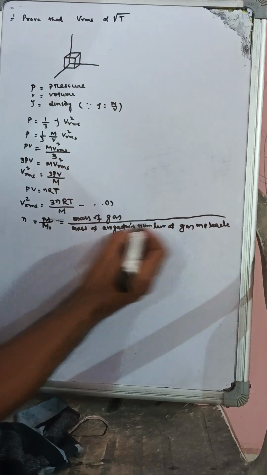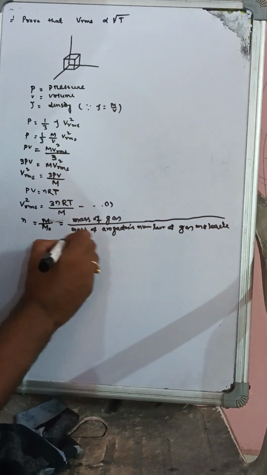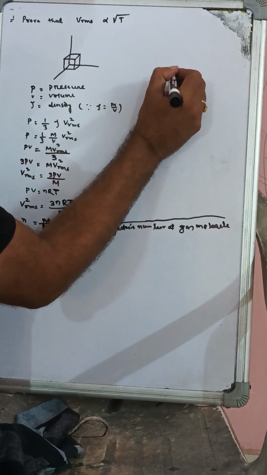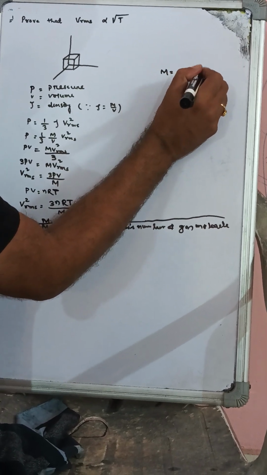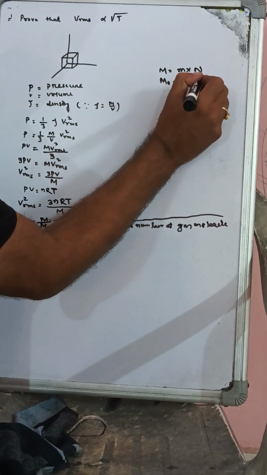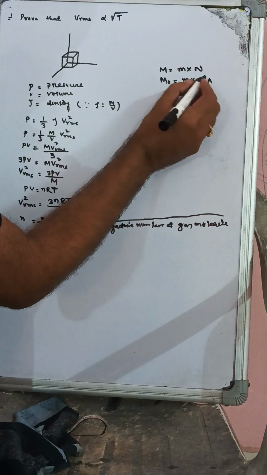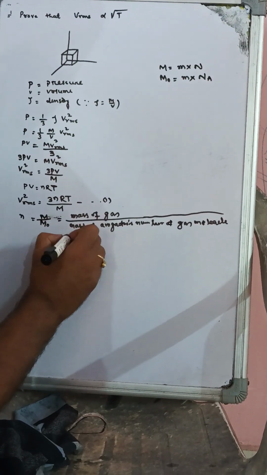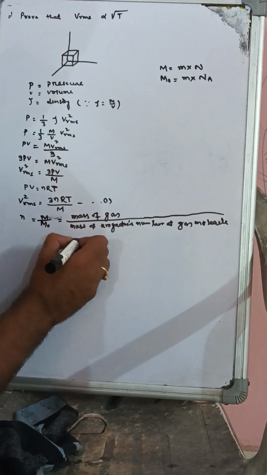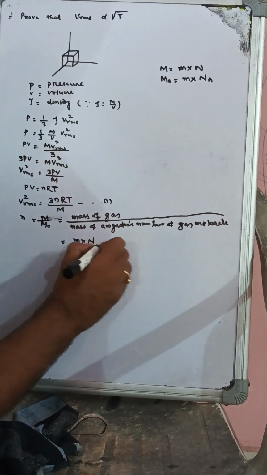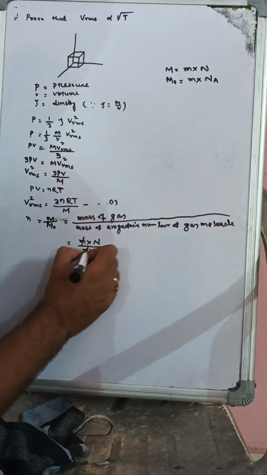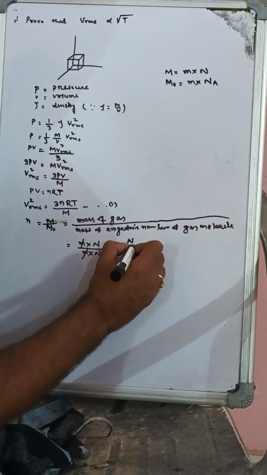Okay, then we know the mass of gas, capital M, is equal to small m into capital N, and m0 is equal to small m into Na, Avogadro's number. Then capital M by m0 is small m into N divided by small m into Na, then m will be cancelled, then this is N by Na.